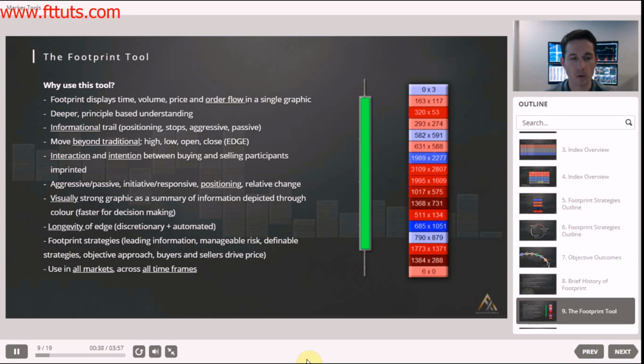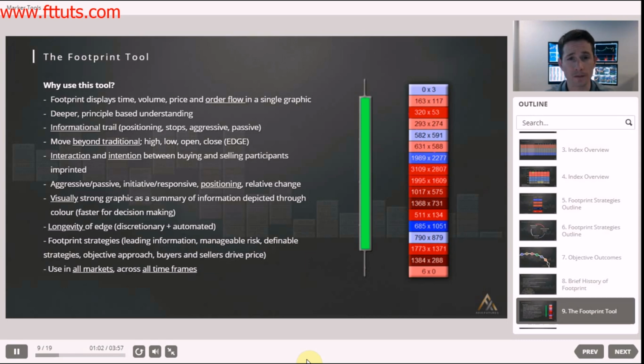So first and foremost, the footprint displays time, volume, price, and order flow in one single graphic. Within this single rotation you can see in the slide, we can see time, volume, price, and order flow. Now, if we compare that to a basic candlestick, the candlestick will offer time as well. It will also offer volume, but only total volume.